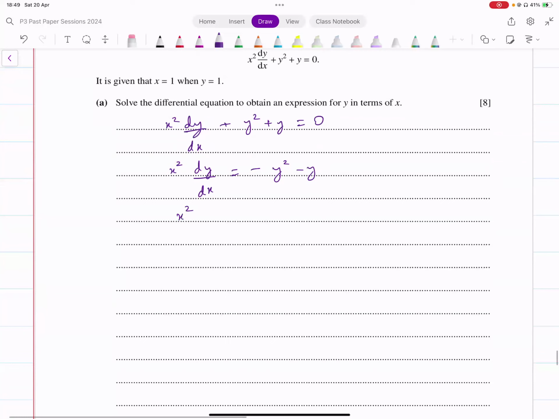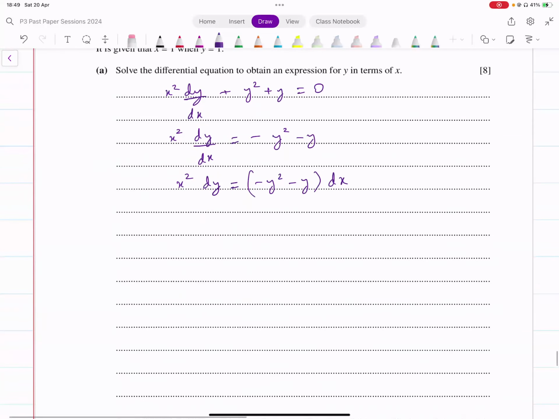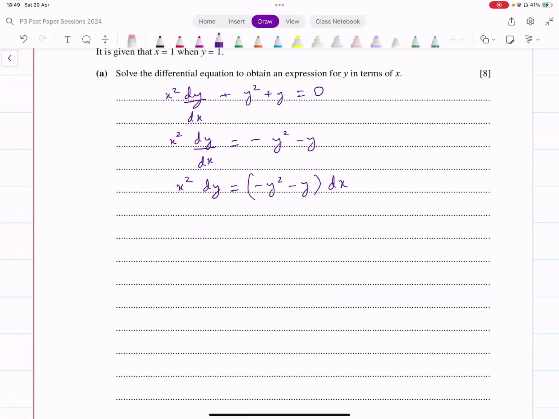Let's multiply dx on the other side. That gives you x squared into dy equals minus y squared minus y into dx. Now take x terms there, y terms here, and that gives you 1 over minus y squared minus y into dy. On the right side, you have 1 over x squared into dx.